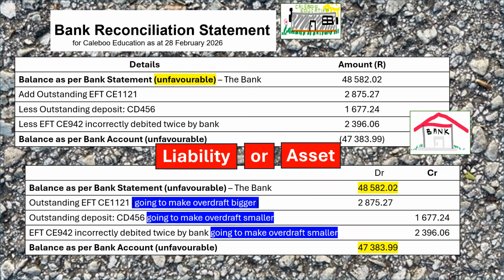So what you have in front of you is our business, Calibre Education. We bank with the bank, and we have in front of us two different versions of the same information, but we have a bank reconciliation statement which we draw up in our books, and remember we Calibre Education, on behalf of our bank.